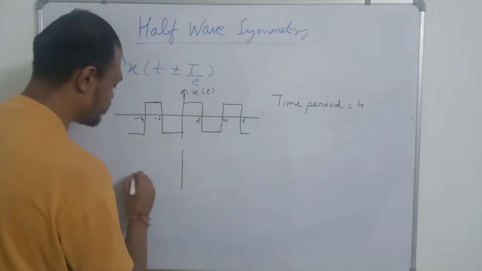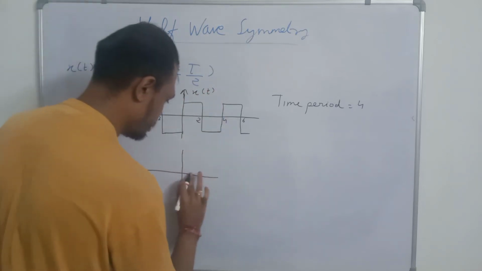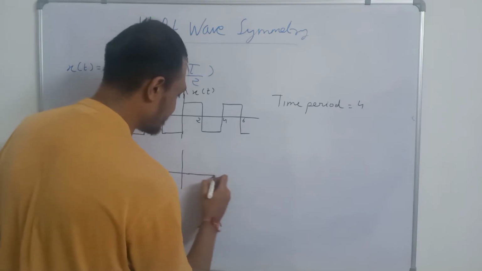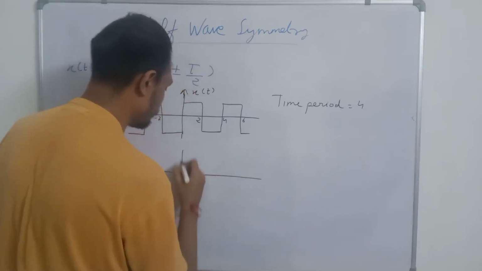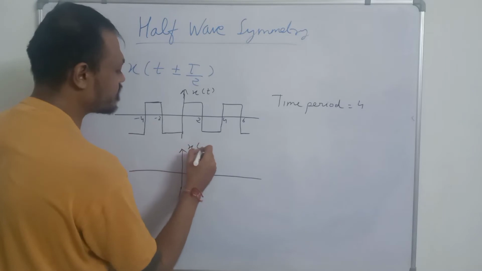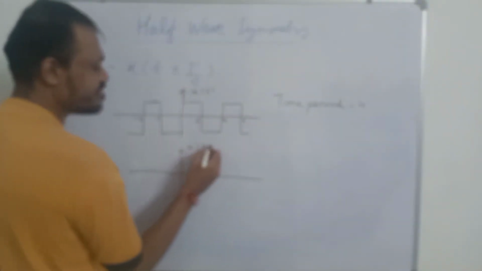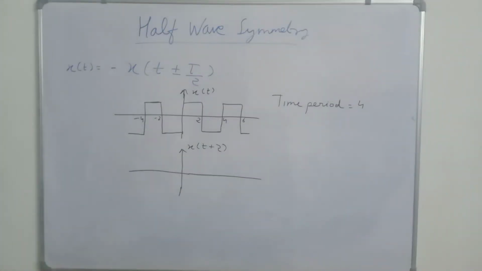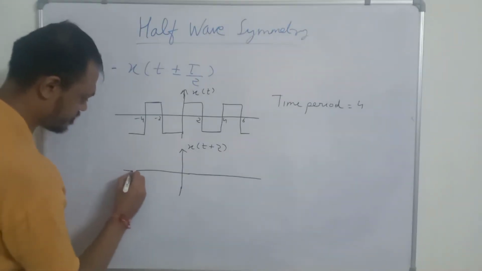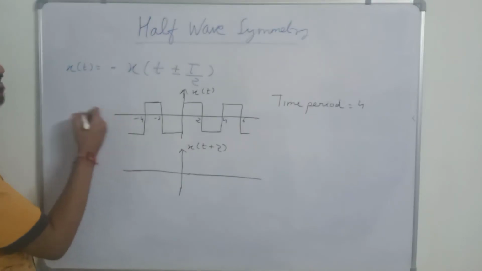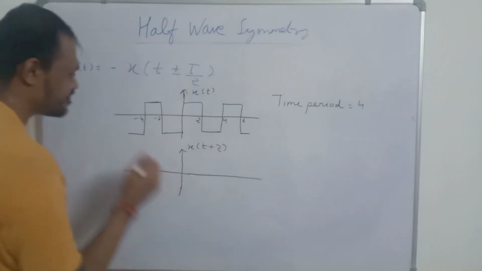Now we have to find x of t plus T by 2 or t minus T by 2. So I am finding x of t plus T by 2. The time period is 4, so t plus 2. We have to shift towards left by 2 units. This is an infinite signal in both directions.